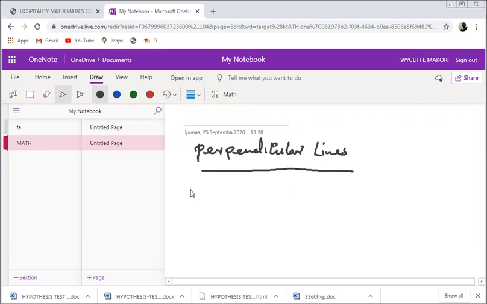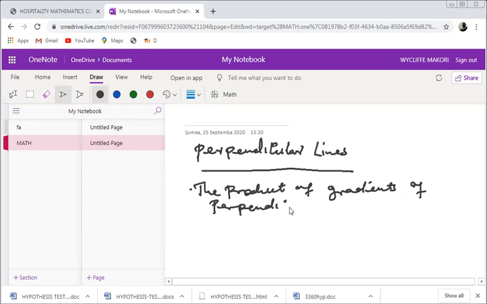And this characteristic is that the product of gradients of perpendicular lines is -1. The product of gradient of perpendicular lines is -1.